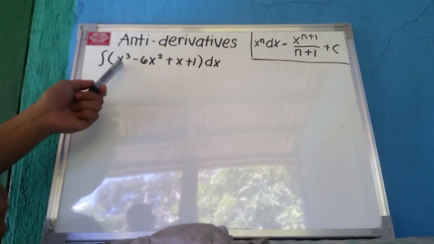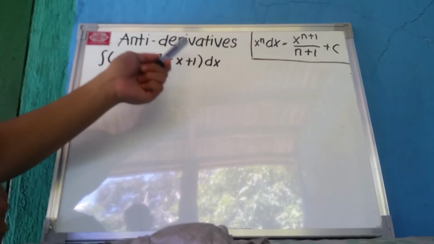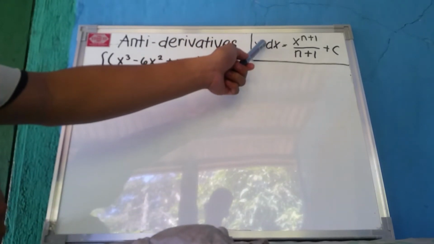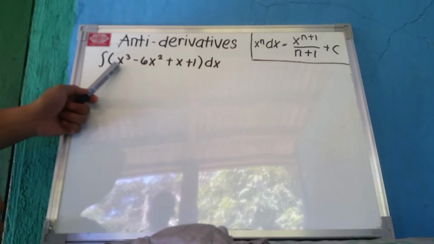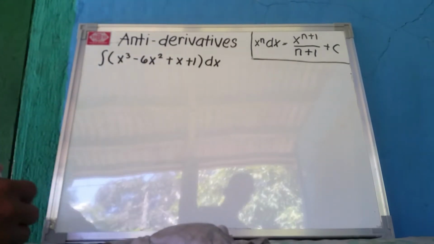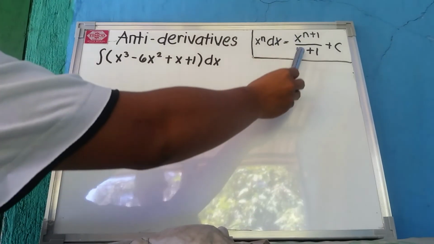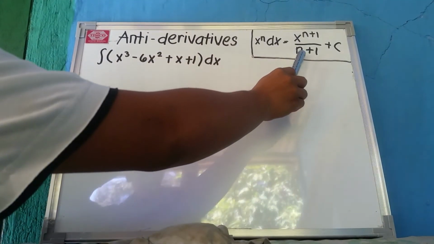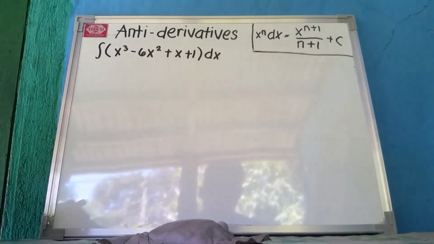So that means 3, 2, and 1 here belong to n, because these are the exponents of every variable x. And also, we are going to make our exponent plus 1 the denominator.